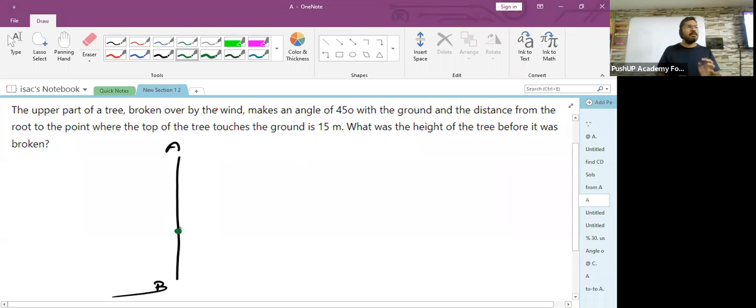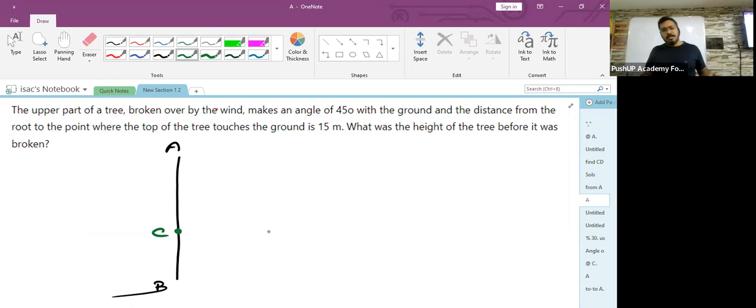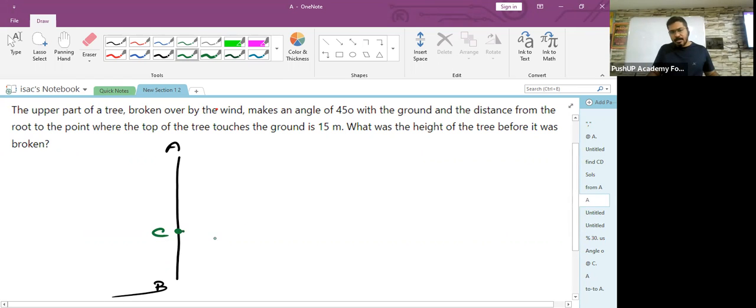I will take that point as C. From this point C the tree broke, and the broken portion, which is AC, fell on the ground over here. Let me take that point as D. Wherever it fell on the ground, that tip of the point is taken as D.